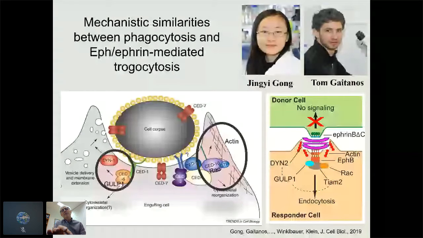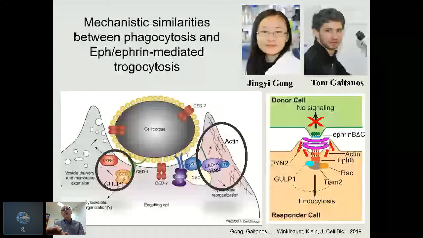It binds to phosphorylated receptors, and then by doing so, recruits a signaling pathway that then recruits dynamin. And dynamin, of course, you know, is important for pinching vesicles off of membranes. So I don't want to show any of the primary data. If you're interested, it's in this paper and also in previous papers.